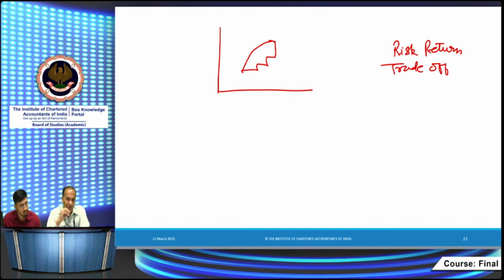Of course, this theory starts with the traditional theory of portfolio management. But here, Markowitz has said that we should select the optimal portfolio. The optimal portfolio is the basis of modern portfolio theory. They explained that very beautifully. I will just draw the diagram again.